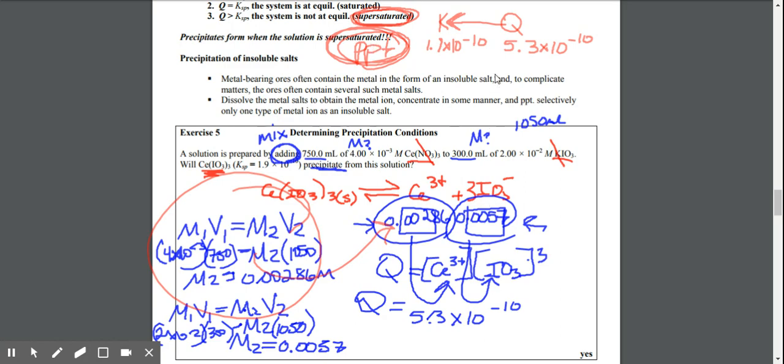So in this scenario, yes, a precipitate will form because since Q is greater than K, my reaction will shift to the reactant side, meaning that you have a supersaturated solution. So I hope this helps you be able to work your Q versus K problems. They like to ask this every now and then on free response, and you will always know to use this approach if they ask if a precipitate will form or not.